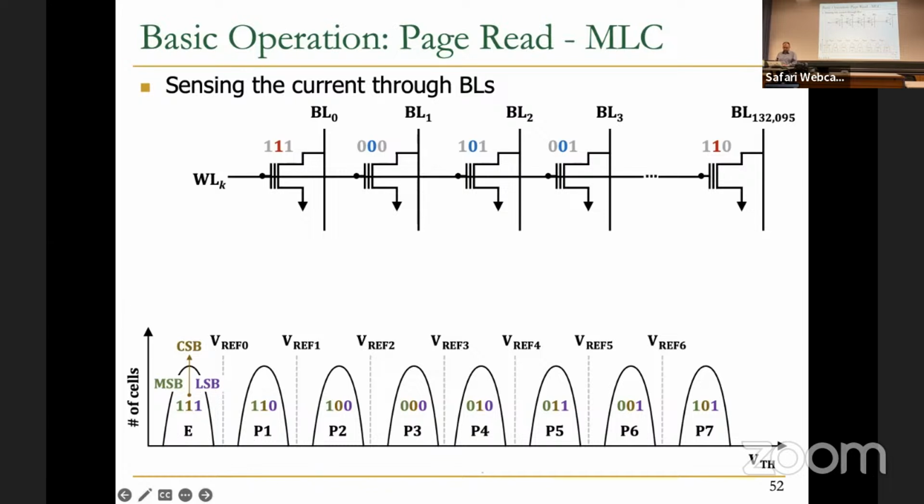If you check this window, the threshold distribution, you have 7 reference voltages, which means you need to apply multiple reference voltages in order to get your data. But do we need to apply 7 reference voltages, for example, in order to read the CSB bit here? Any thoughts? How many reference voltages do I have to apply in order to correctly read the CSB?